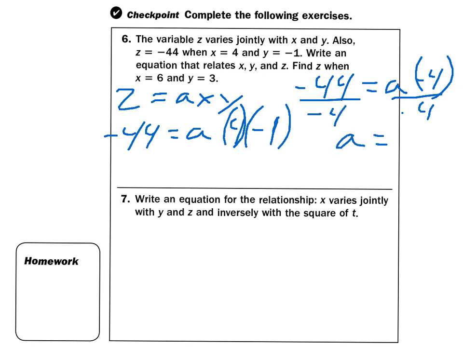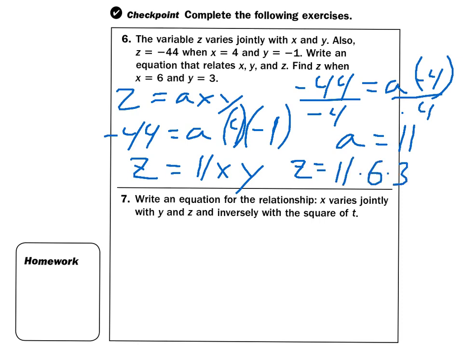A equals 11. That means Z equals 11XY. And if I plug the 6 and the 3 in there to find Z, Z equals 11 times 6 times 3. Well, 11 times 6 is 66, and 66 times 3 is 198. So Z equals 198.